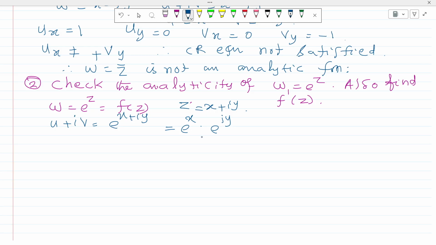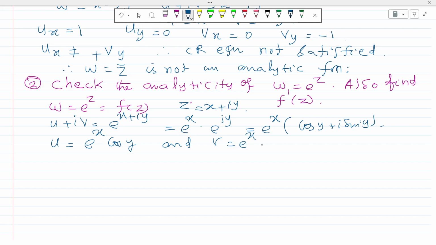So e power iy is cos y plus i sin y. So what is u? u is e power x cos y, and v is e power x sin y. So it is equation number 1, it is equation number 2.